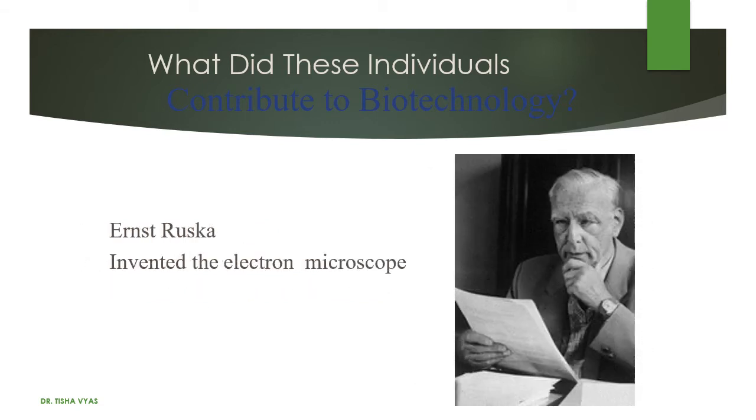Scientist Ernest Ruska was a German physicist who won the Nobel Prize in Physics in 1986 for his work in electron optics, including the design of the first electron microscope. Ernest Ruska was born in Heidelberg, Germany.